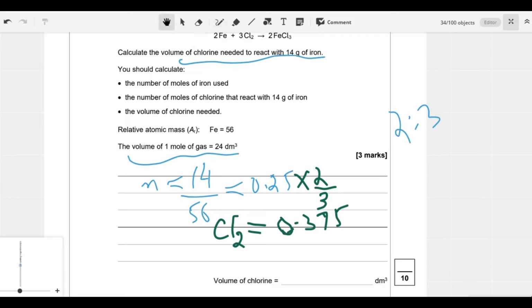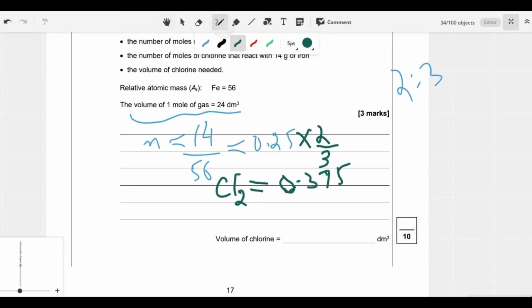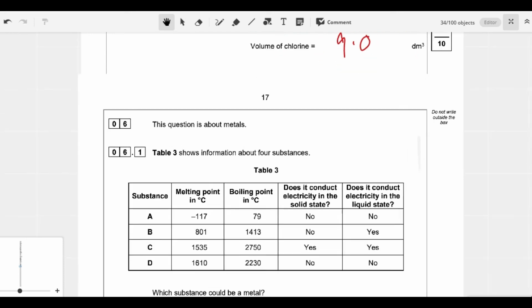For the volume of the chlorine you have to multiply by the volume of 1 mole of gas, that is 24 decimeter cube. So that would be 0.375 times 24, that gives us 9.0 decimeter cube.